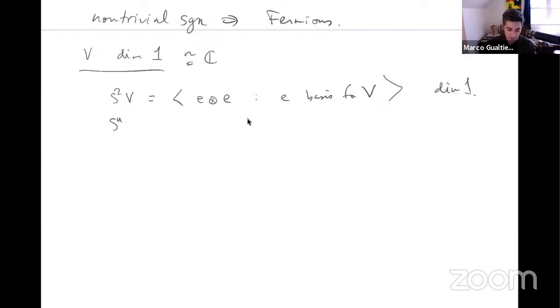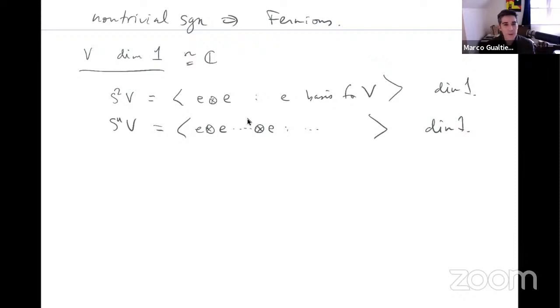And S^n V is generated by e tensor e, right? And so this is also dimension 1. So if you have a particle in a state, and you have the capability of having identical such particles in this same state space, same Hilbert space, right? And if they're completely identical, then one possibility is that they're symmetric, they're bosons.